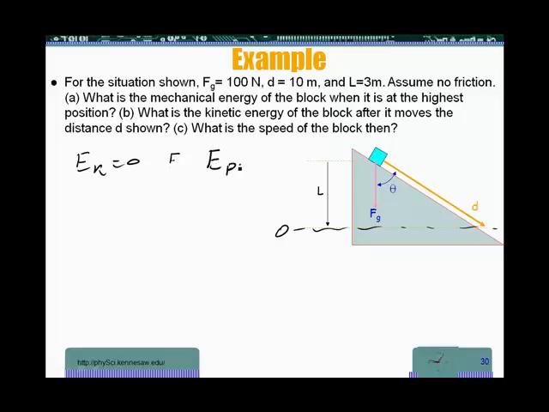But the gravitational potential energy is going to be given by mgh. Now, what would h be? h is going to be the height relative to the reference point. So it is the height, it's not d. It's how high are you. And how high are you in this case? That's L. This is how high are you.